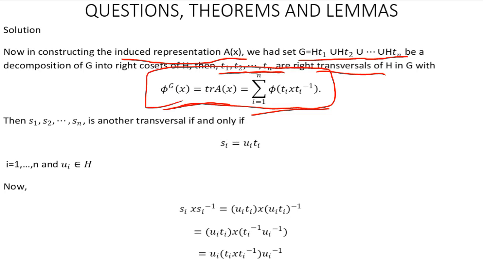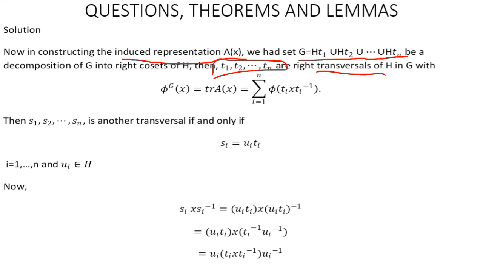So we want to show that if we choose another transversal, it will not affect the final solution for the character of the induced representation.